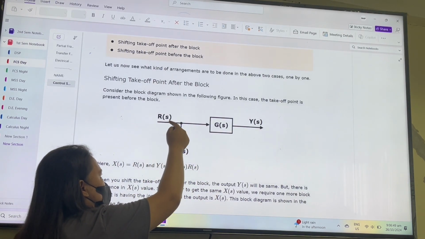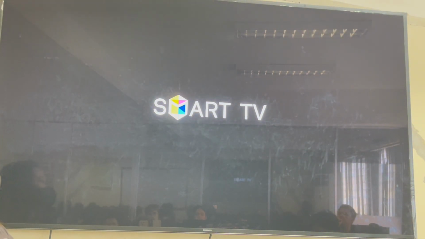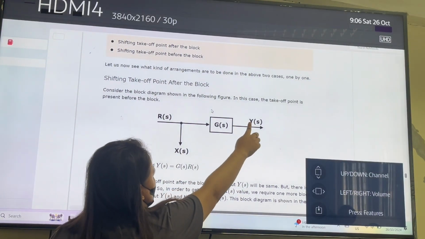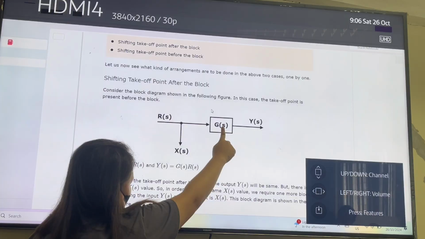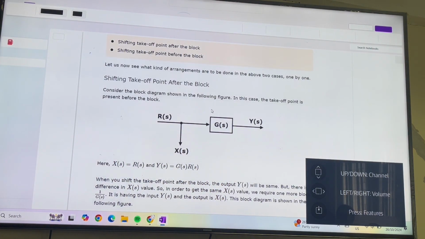Now, YS is just equal to RS GS. Okay? It is straight, an open loop.